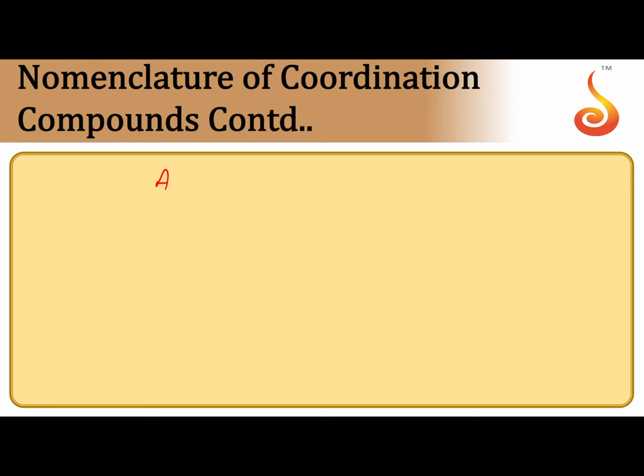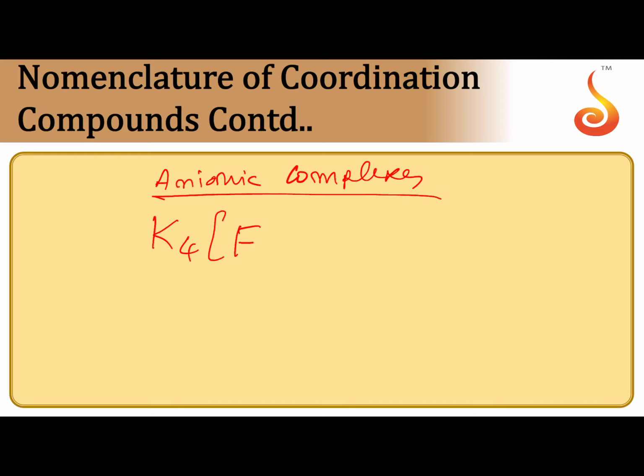Next one, anionic complexes. For these complexes, the negative charge is present on the coordination entity. Example, K4[Fe(CN)6].